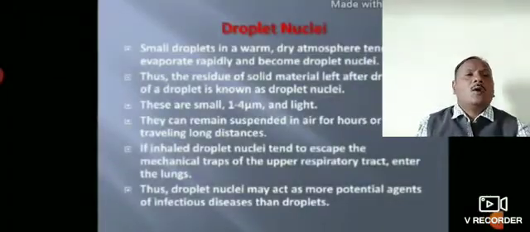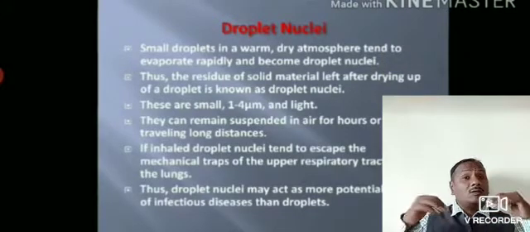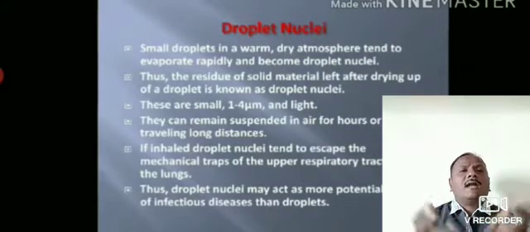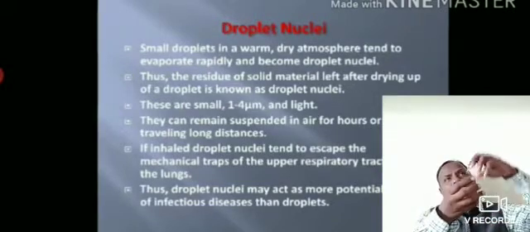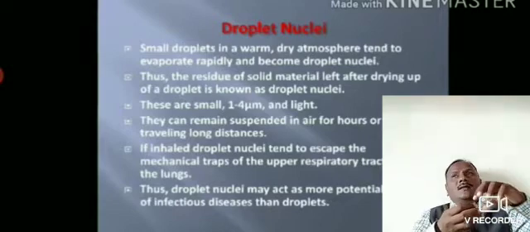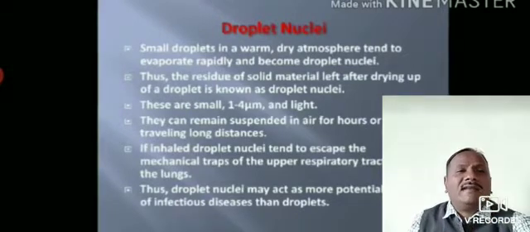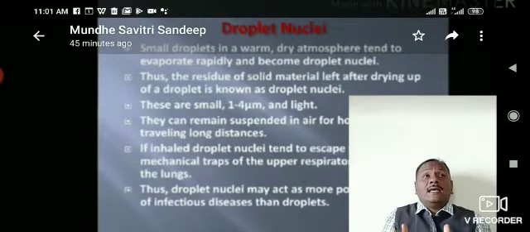Now see the droplet nuclei. This is also one of the sources where microorganisms are mixed into the air. Small droplets in a warm or dry atmosphere tend to evaporate rapidly. Droplets have moisture content, and in a hot atmosphere, dry atmosphere, or under sunlight rays, it evaporates rapidly and they become droplet nuclei.